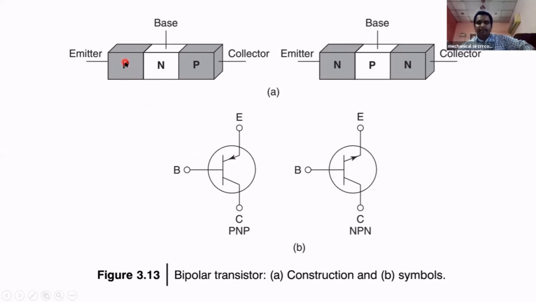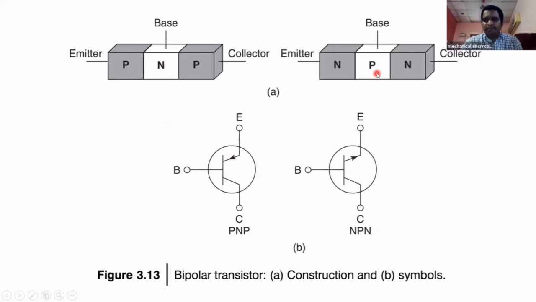P-type material. P-type semiconductor has holes as majority carriers, so holes move from the P-type semiconductor. So the direction is always from P to N. In PNP, the emitter is P and the base is N, so the direction is emitter to base, P to N.